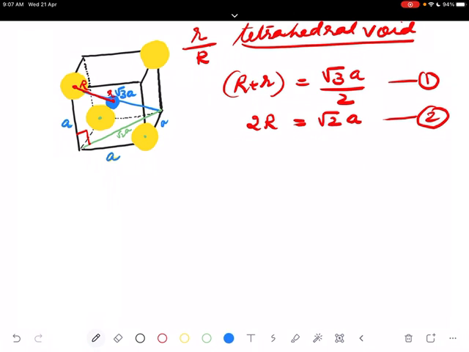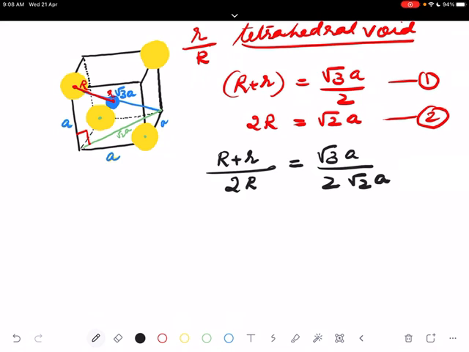That is R plus r divided by 2R is equal to root 3a by 2, see equation 1 by 2, root 3a by 2 and root 2a. So a got cancelled. 2 got cancelled. What is remaining? Root 3. Right hand side, what is remaining? Root 3 upon root 2.